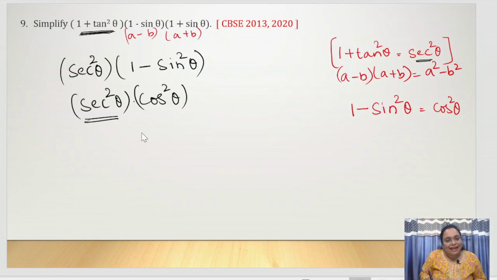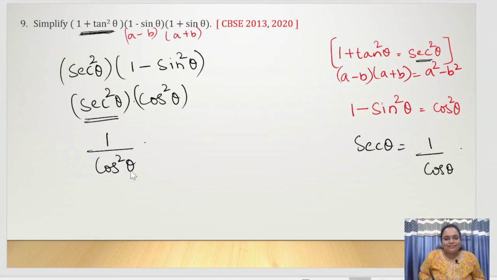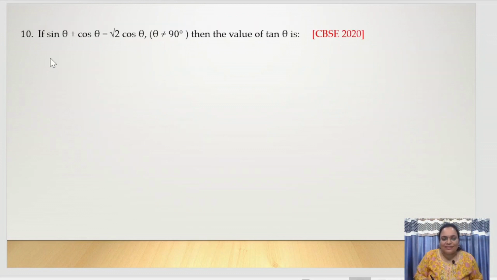Secant square theta can be written as 1 by cos square theta, because secant theta is equal to 1 by cos theta. Now here also the numerator will be same, cos square theta. Cos square theta will get cancelled. This is 1. Okay.